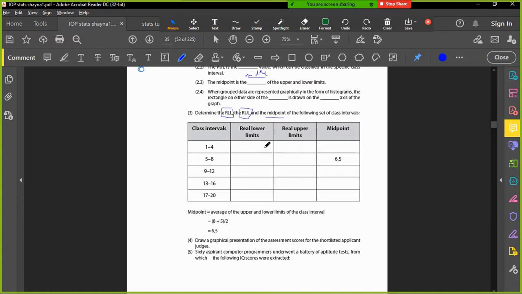Okay, so we did this earlier. You wanted to do an example, so let's do an example. How would you work out the real lower limit for this class? What's the limit before, plus 4, I think. What would the limit before be? I don't know. Naught. Yeah, 0. There wouldn't be a limit before, so 0 would be the last limit.